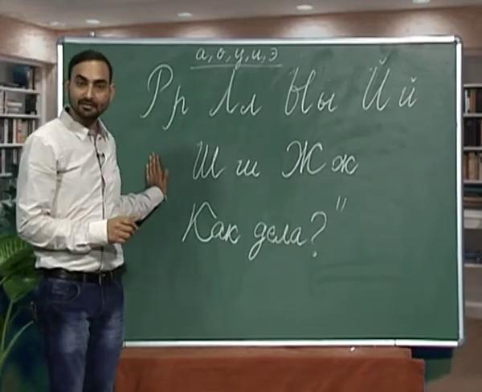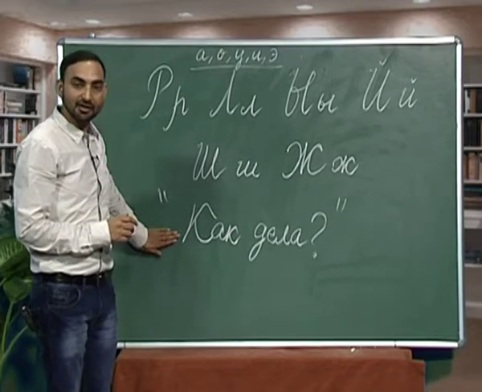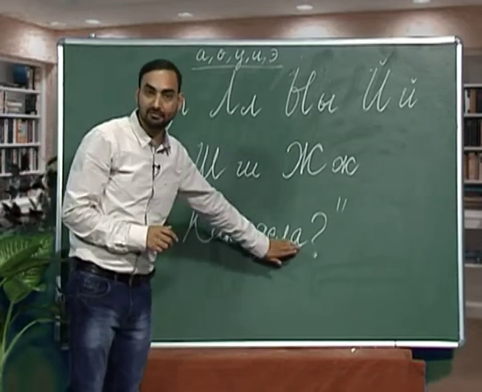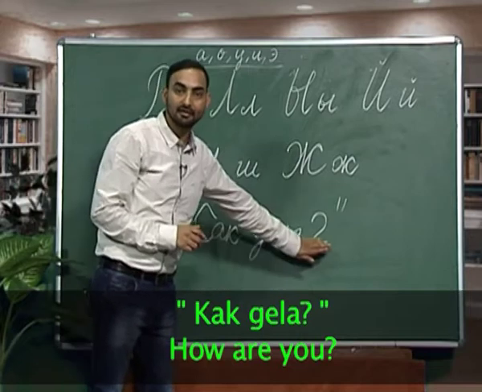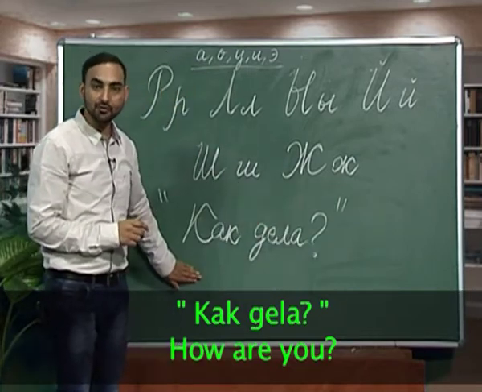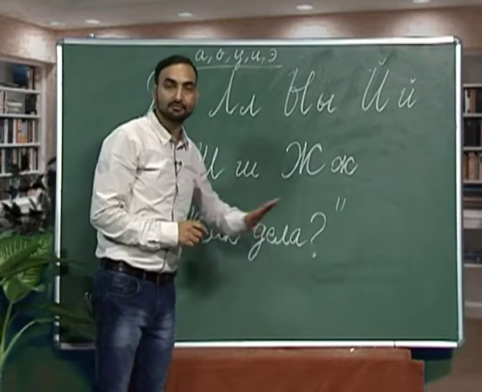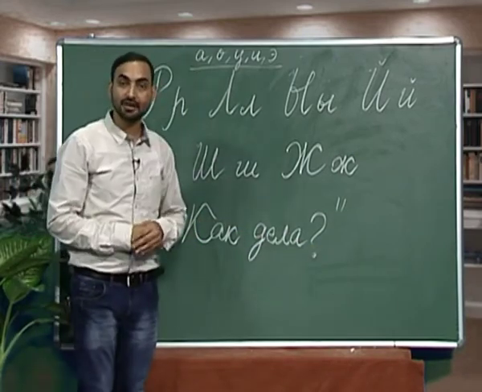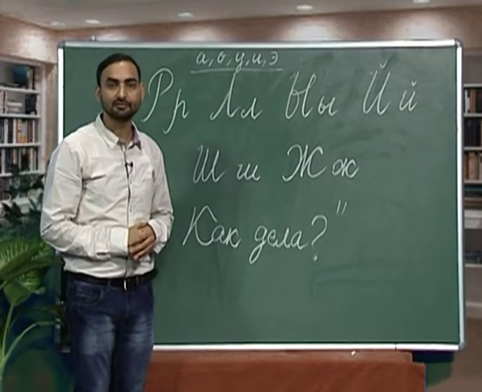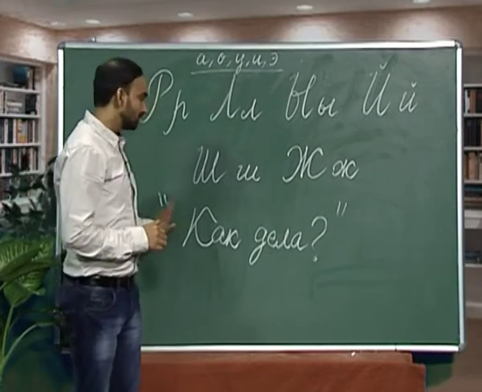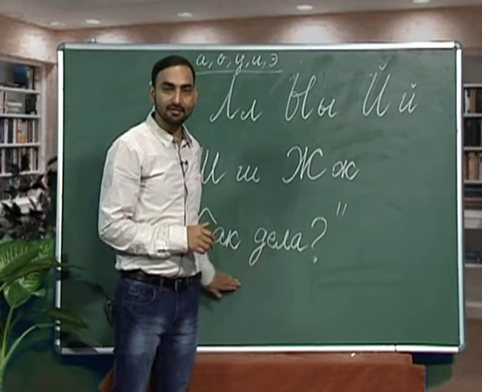Okay, we will start this lesson with the construction Как дела? Как дела is how are you in English. And how do we answer this question? We have a couple of answers. If someone asks you Как дела?